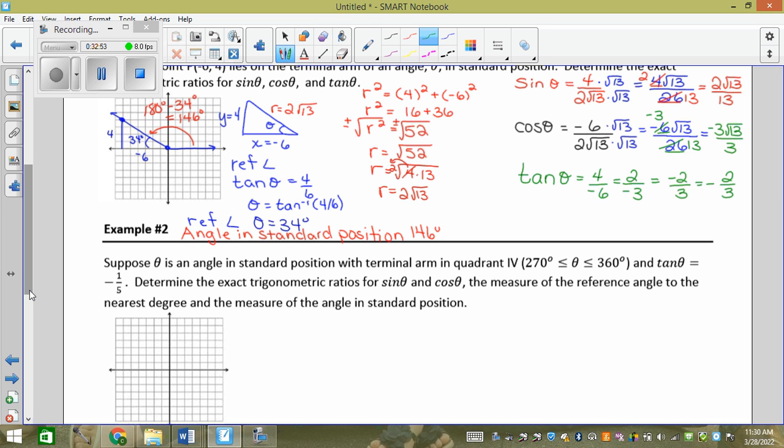You just practice doing, I'm going to give you coordinates, and you have to give me the trig ratios and the standard position. Okay, so it's page 96. Number 5.